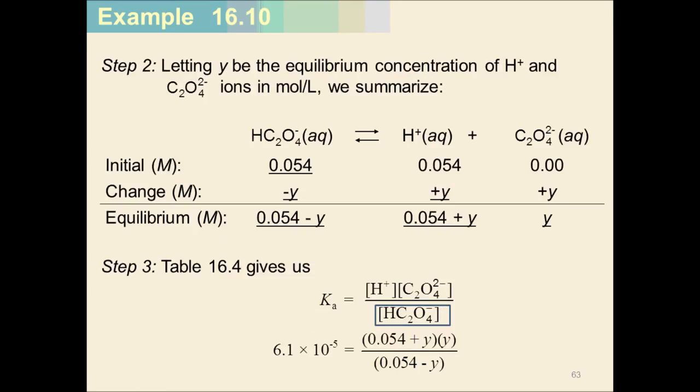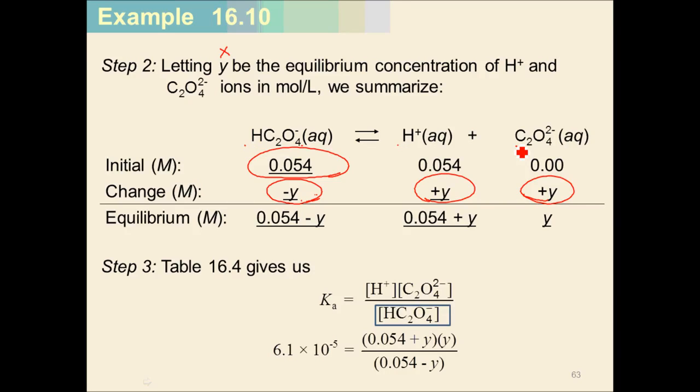On slide 63 then, step 2, letting Y, you can still call it X if you'd like, but if you want to call it Y, just so you understand it's in the second stage of ionization, Y would be the equilibrium concentration of the hydronium and the oxalate ion. That would be how much is lost from our HC2O4 1-. Initial, we calculated in part 1, was 0.054 molar for HC2O4 1-. We said minus Y because it's a 1-to-1 mole ratio.